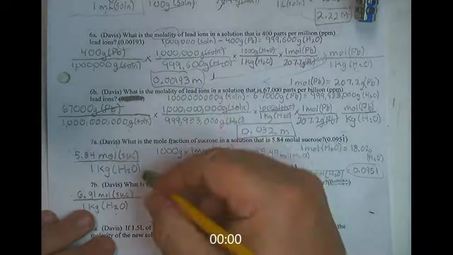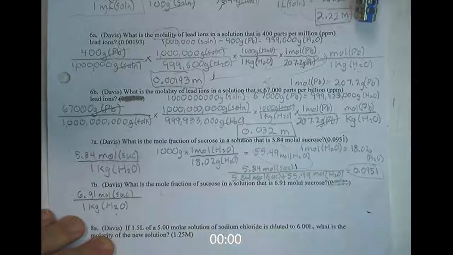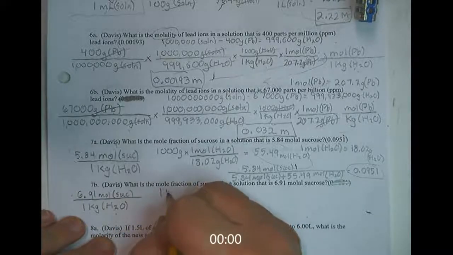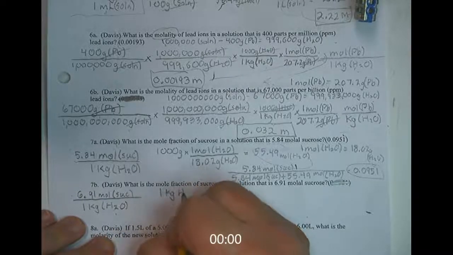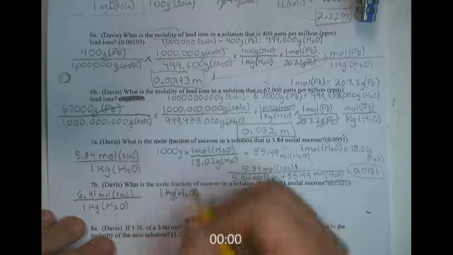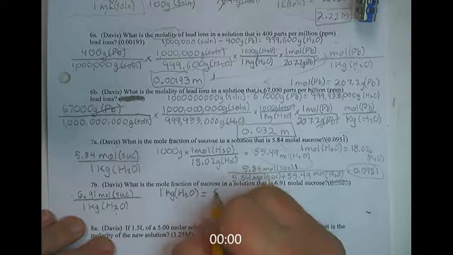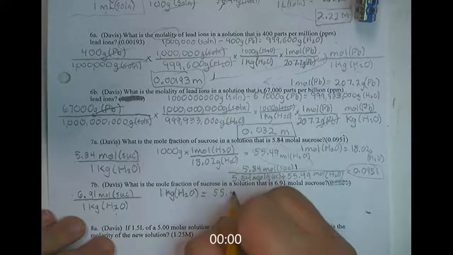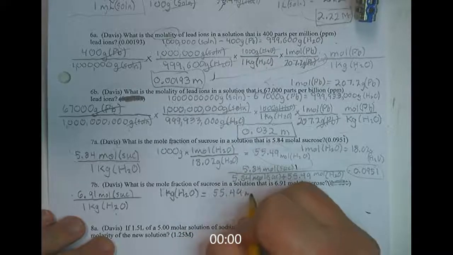I'm sorry, I had it right the first time. We know that 1 kilogram is going to be, as we did the conversion in the previous problem, so I won't do it again here, 55.49 moles of H2O.